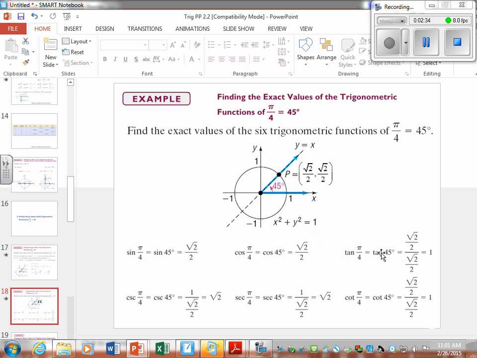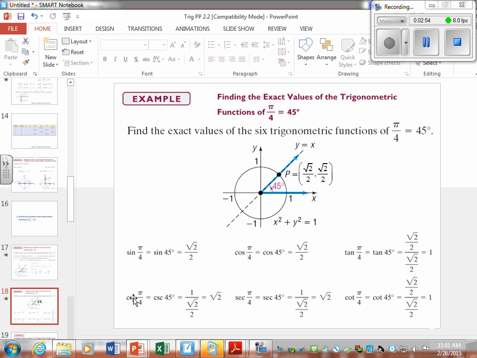Tangent, by definition, is y over x. So this value divided by this value, the same thing divided by the same thing, simplifies to 1. Easy simplification there.